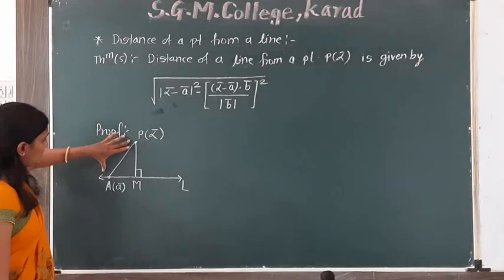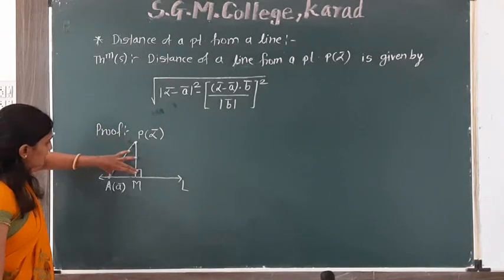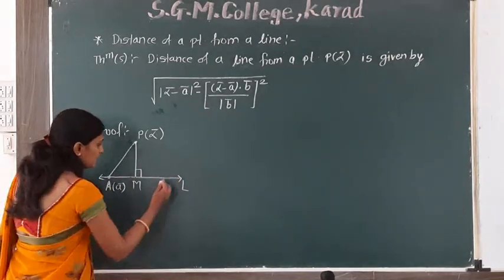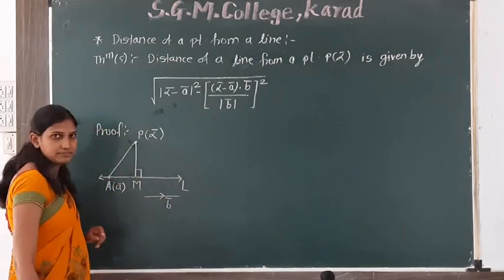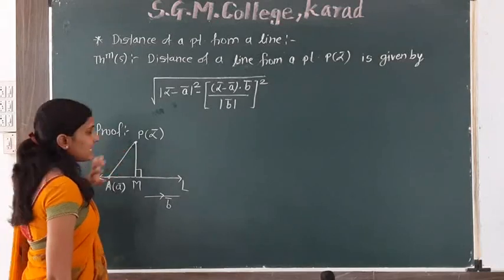Then look at the vector AP bar and vector AM bar. This line is r bar is equal to a bar plus lambda b bar, so b bar is parallel to L. Now what is AM?